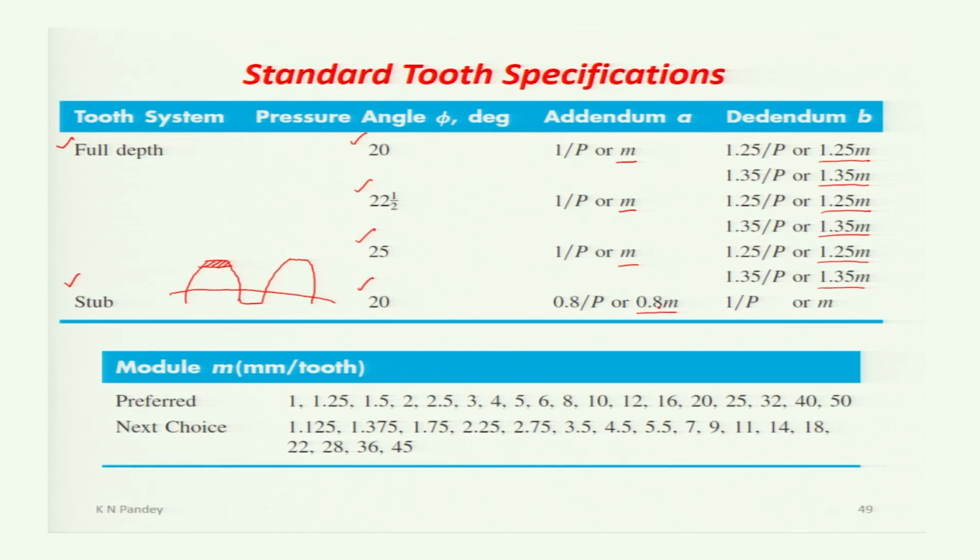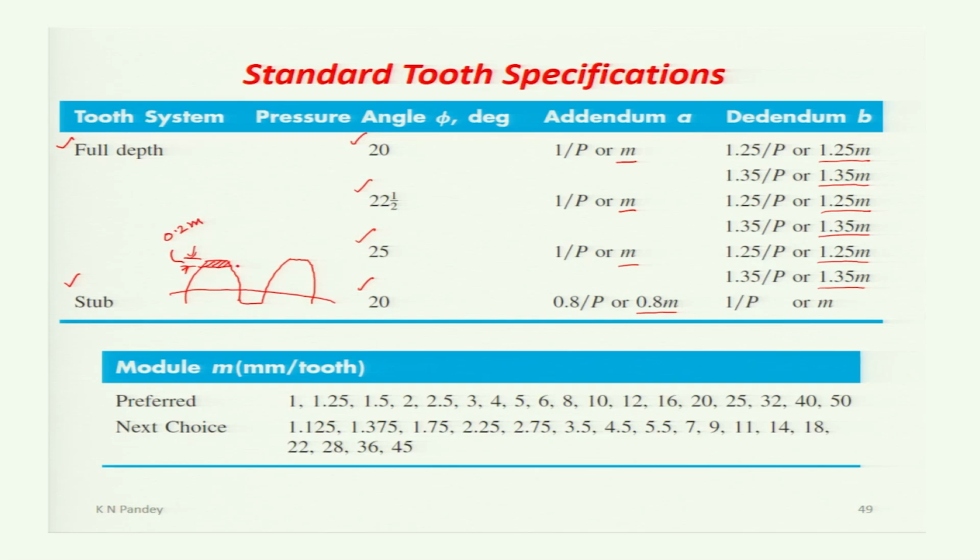Now you see the usual addendum is m. Now some amount of addendum is cut and that amount is 0.2 m. So this length of the addendum is truncated or stubbed and that is 0.2 m.